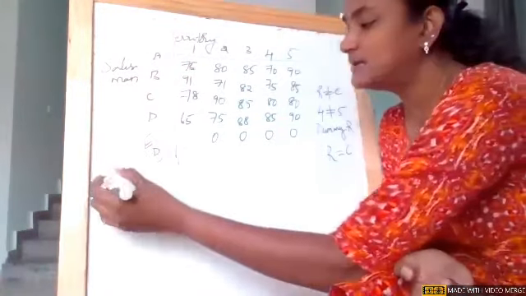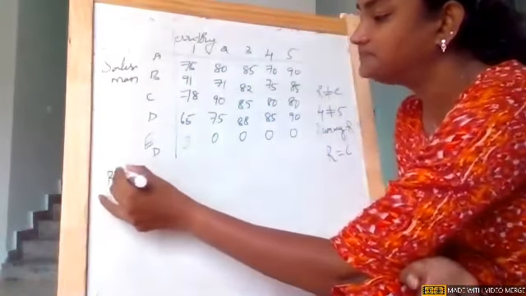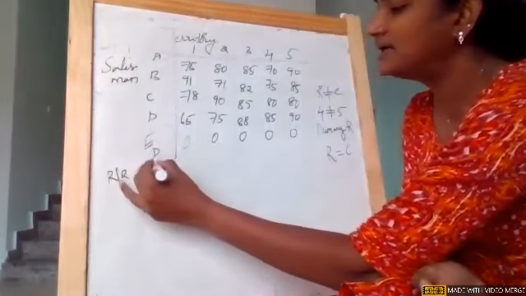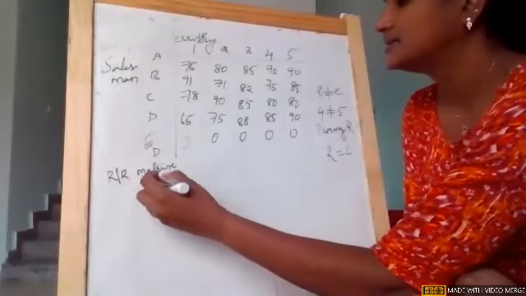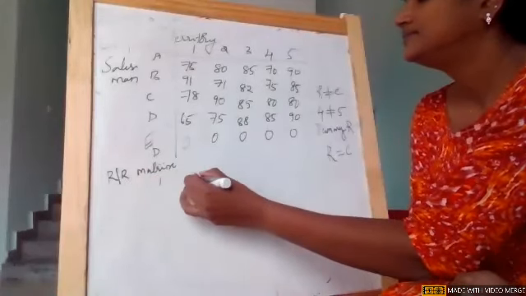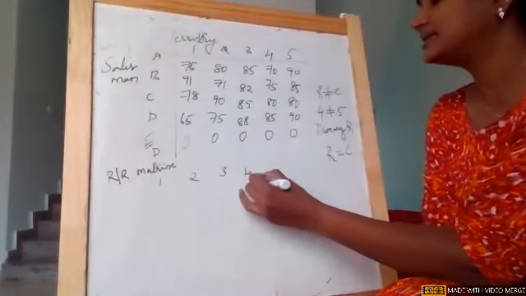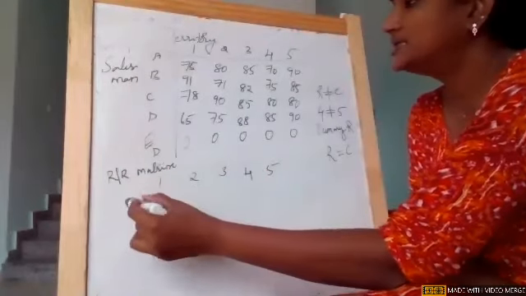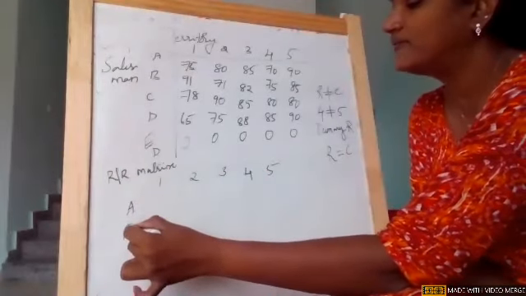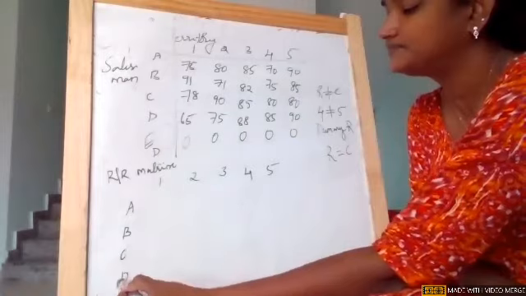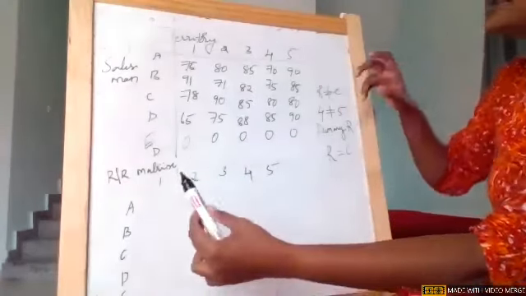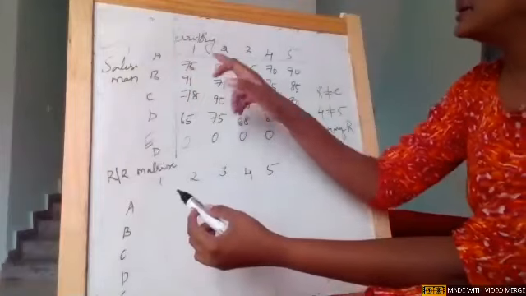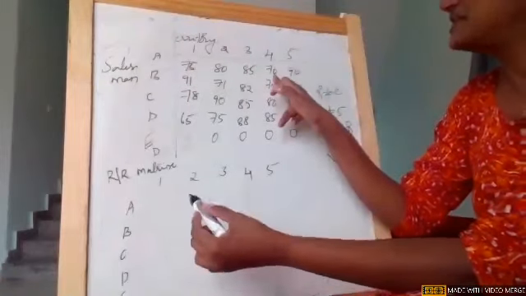So what is our first step? Again, our process remains the same: row reduced matrix. Nothing changed, only the first step modifies; the rest is all the same. When I apply the row reduced matrix, in the first row the smallest value is 70.